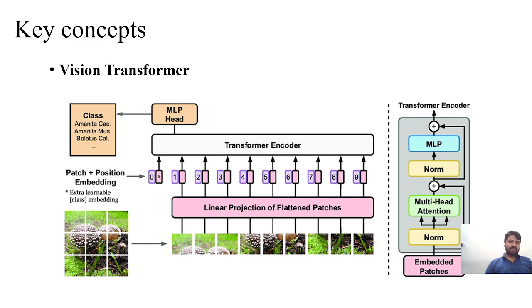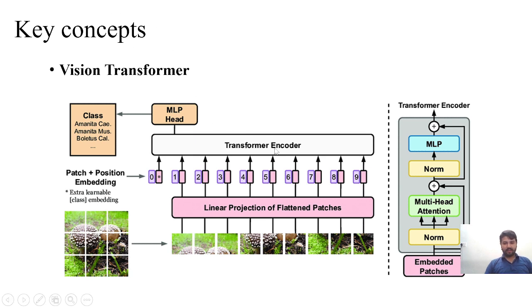Then an extra learnable embedding, class embedding, is prepended to this embedding, which gathers the information of the whole attention contextual behavior. Then this is passed through the transformer encoder.